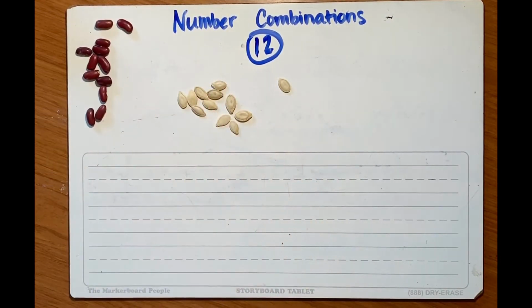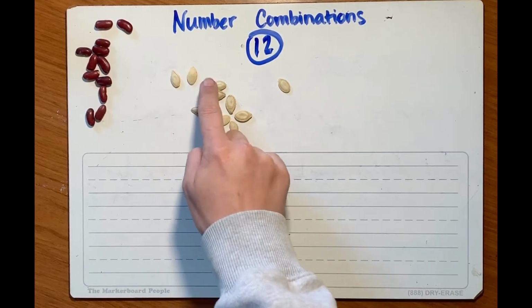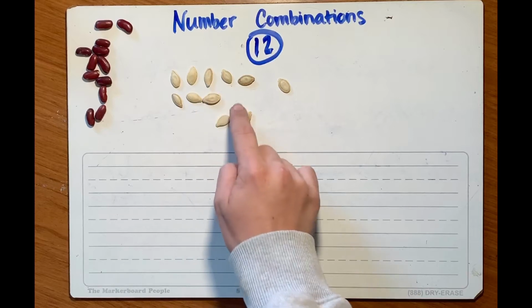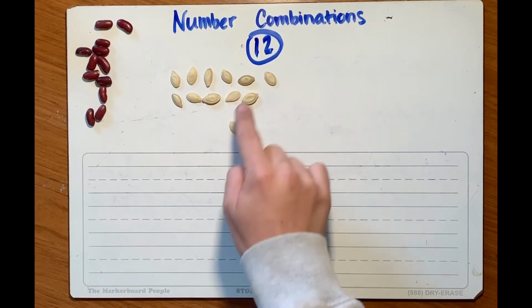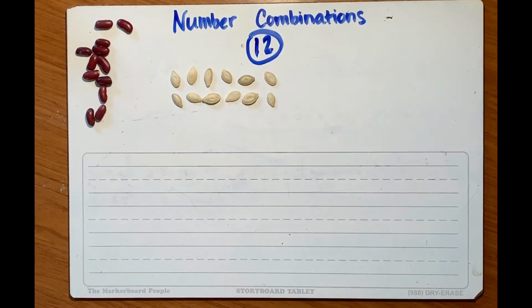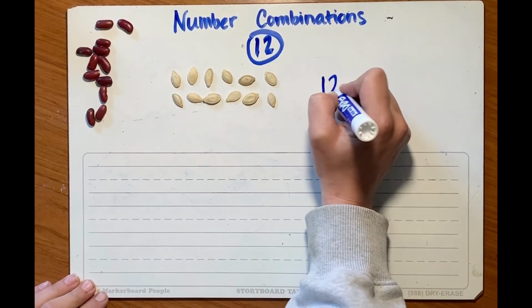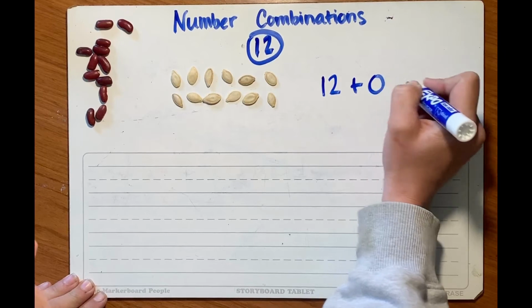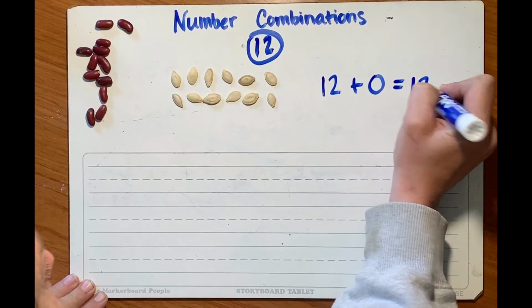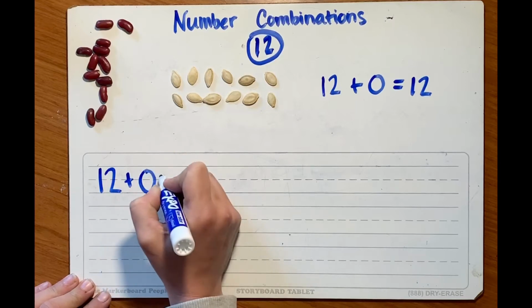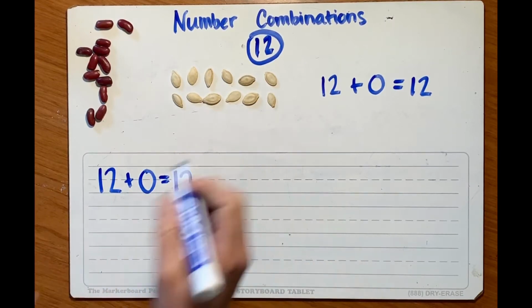Let's make sure that we have our 12. 1, 2, 3, 4, 5, 6, 7, 8, 9, 10, 11, 12. So my combination for this would be 12 plus 0 equals 12. I'm going to put all of them down here so that we can keep track of them.